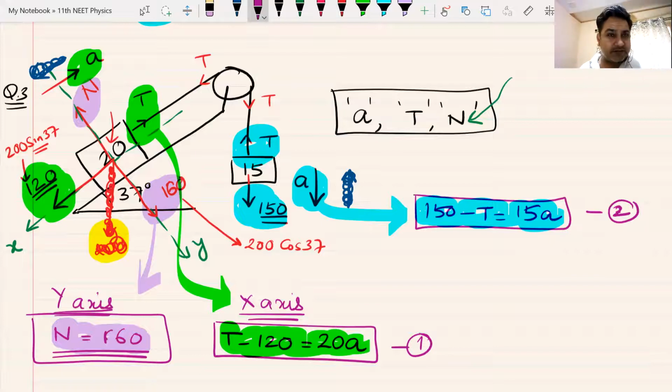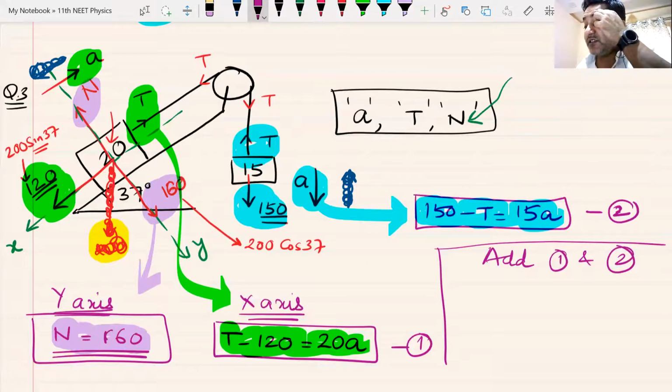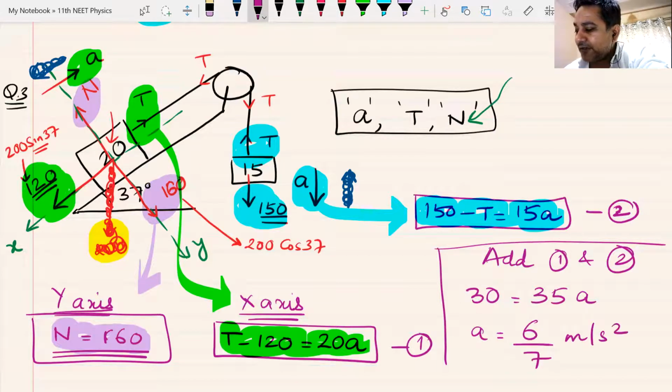How do I solve it? Old method, nothing new. I will just add equation number 1 and 2. Once I add them, T will get cancelled. What I will have is 30 on the left hand side and 35A on the right hand side. So my acceleration becomes 30 divided by 35, which is 6 by 7 meters per second square.